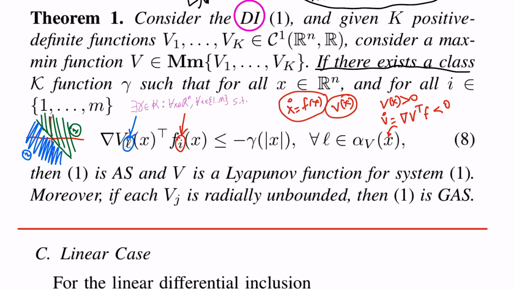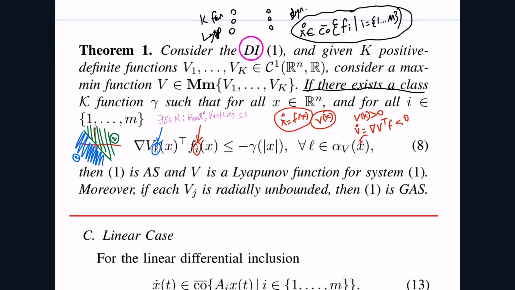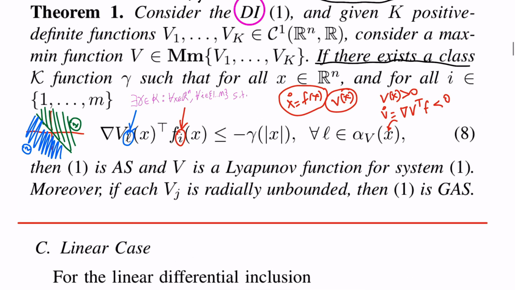We consider them. That is it. So basically, there are two for loops. This basically tells us that. Yeah. And if that is the case, then we have asymptotic stability. And if each one of those Vj basis functions is radially unbounded, then we would have a globally asymptotically stable system.